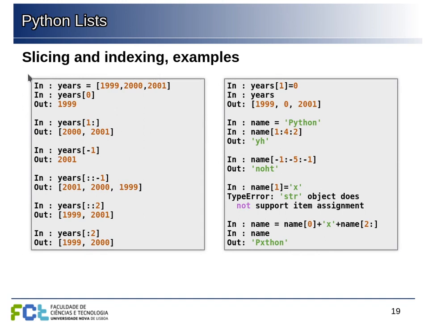So here are some examples. If we have this list of years, then years 0 will be the first element, the 1999 there. Years from the first slicing point to the end will be these 2 elements, because slice point 0 is before 1999, and then you have the slice point 1 here between the first 2 elements.